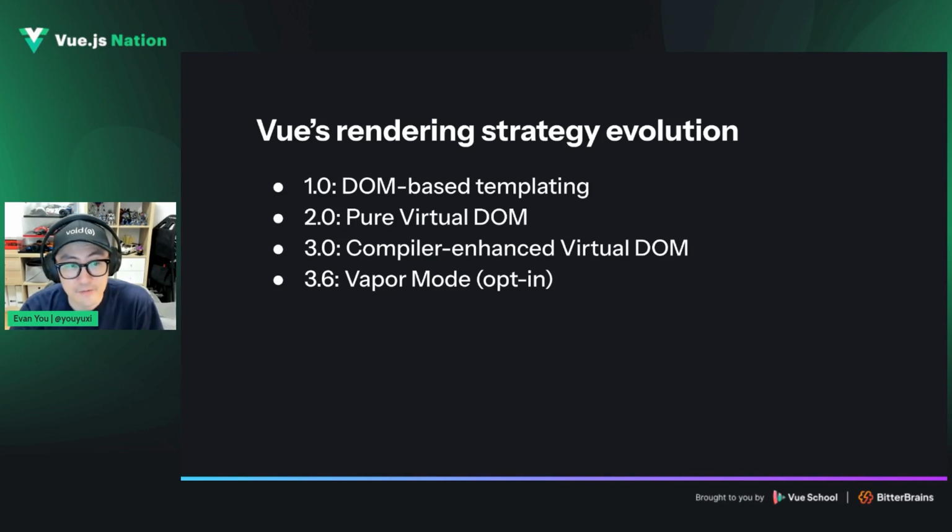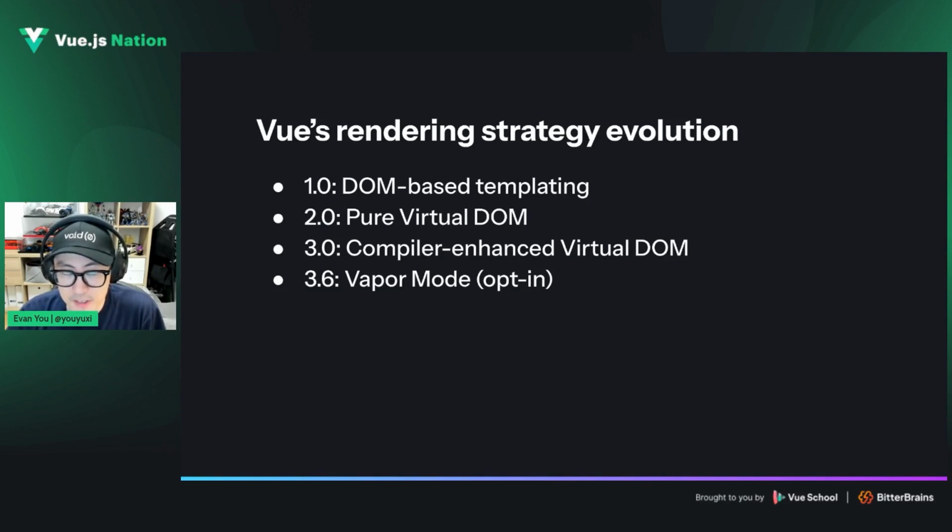For example, we can leave compile time hints, generate what we call virtual DOM blocks, and generate vnode patch flags, which are hints left for the runtime to take fast paths. This approach allows Vue 3's virtual DOM to perform significantly better than Vue 2's pure virtual DOM.